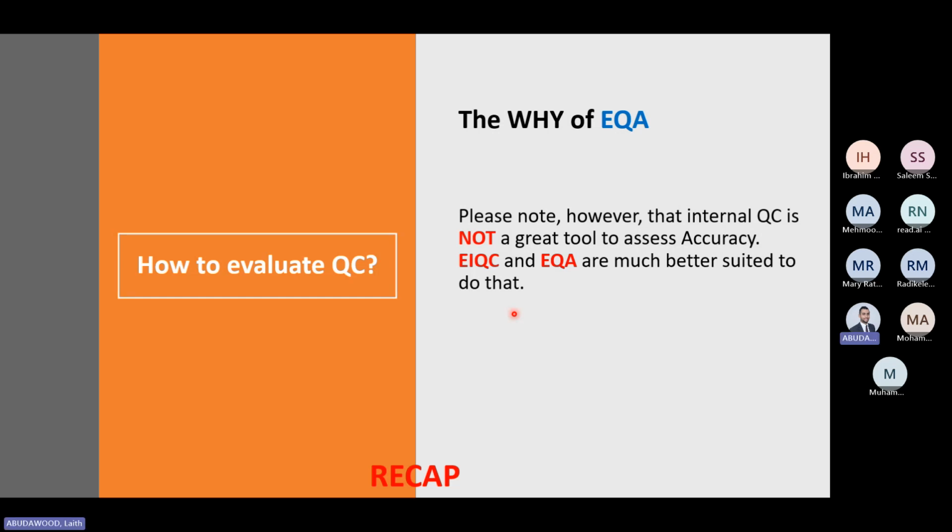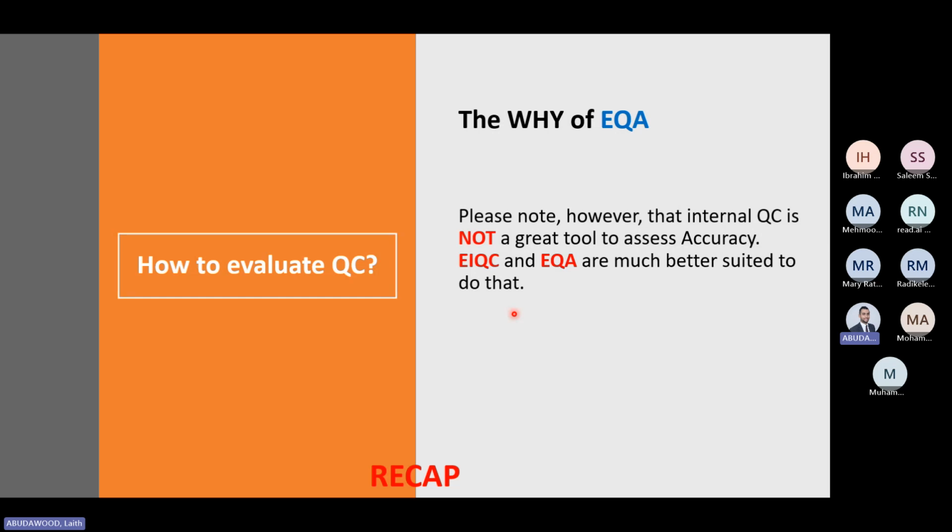The point is, okay, we have QC in the lab, but again, if you remember, there's a slide from previous presentation, we said your regular QCs, your internal QCs, are not a very great tool to check the accuracy of your results. They are good for precision. They give you a generally okay idea that you are generally accurate, but they are not that good for this particular purpose, that is assessing accuracy.